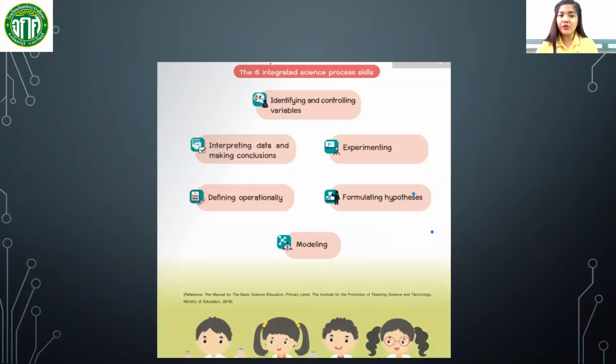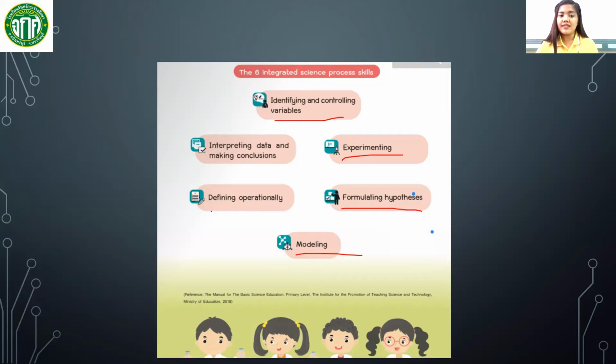Now let's move on to the 6 integrated science process skills. Okay, so in this group, there are 6. The first one is identifying and controlling variables. The second one is experimenting. The third one is formulating hypotheses. Next, the fourth one is modeling.